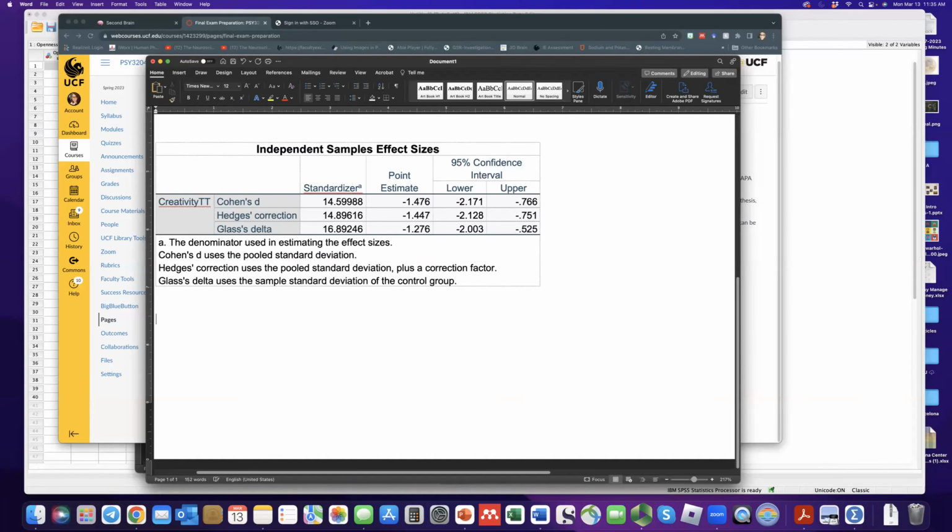And so this is where you would say an independent samples t-test was used to test the hypothesis that people higher in openness to experience would score higher on a test of creativity.